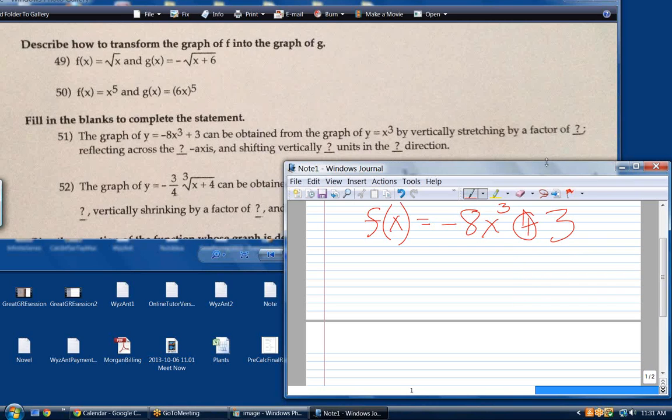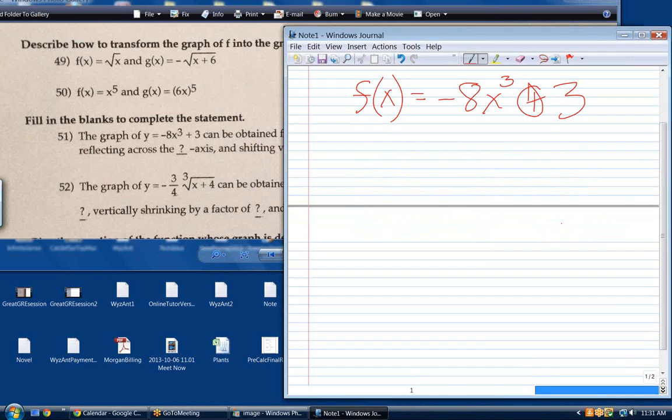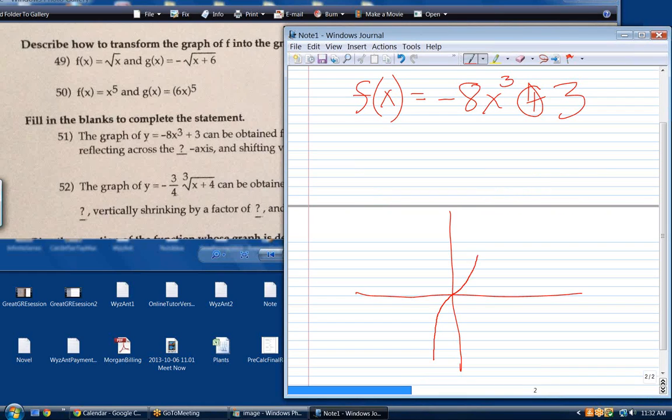So let's kind of try to draw this just to see what we would get. If here is y equal x cubed, there's your elementary function. We're going to do, it doesn't matter if I do the negative or the stretch first. I can do either one of these. The order doesn't matter.